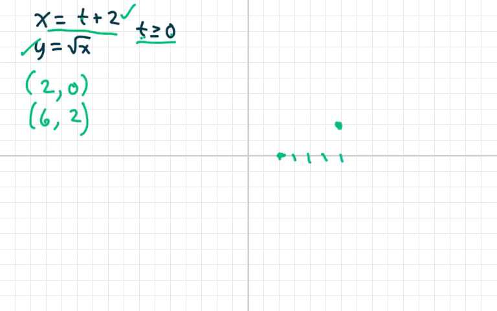So basically, here's your curve. Something like that. It means as t goes from 0 to infinity, the orientation is going this way, upwards.